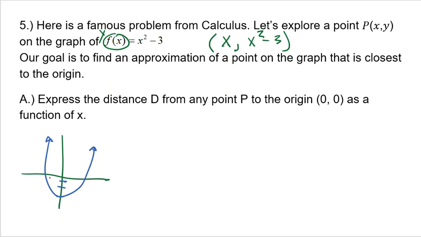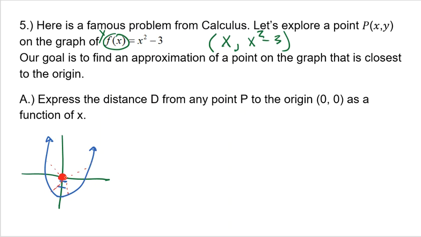Now, the origin is right here. So basically, I want to figure out what is the closest point to this origin. Is it up here somewhere, or is it down here somewhere, over here? Where is the closest point? So this is where we need to do exactly what the question says. It says express the distance d from any point P to the origin as a function of x.